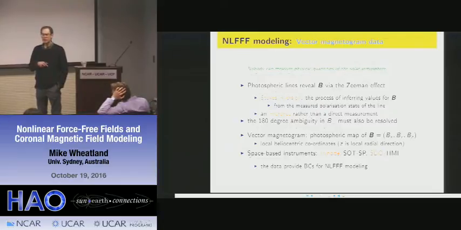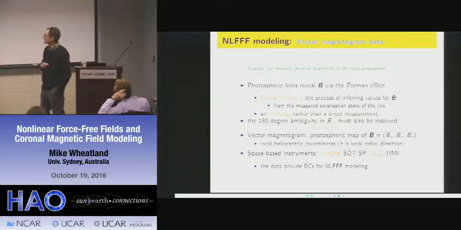And so what's actually measured, for the instruments that give the most accurate values for the magnetic field, is the Stokes profile across the line, and then the process of taking those measurements and going to magnetic field values is called Stokes inversion.